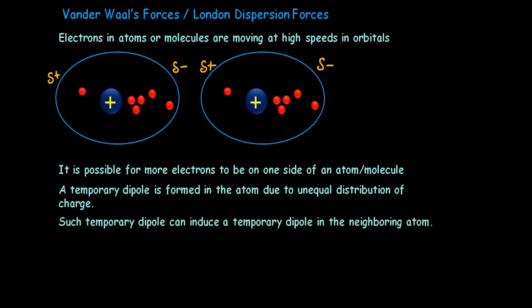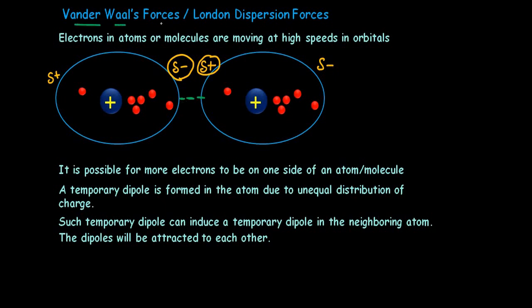Such a temporary dipole in the neighboring atom is again temporary, for just one moment itself, and then these dipoles, the negative partial charge of one atom and the positive partial charge of another atom, are going to attract each other. So again a temporary bond is formed between such atoms, and this temporary force of attraction or temporary bond is called van der Waals force.